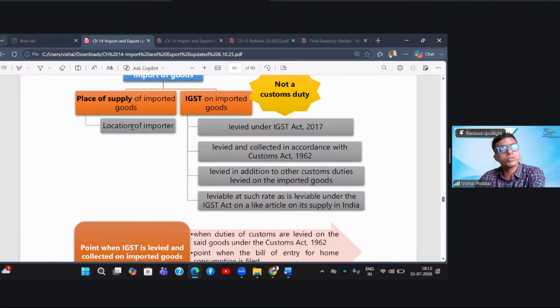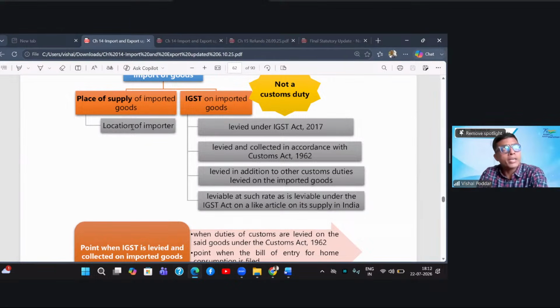The reason for this, students, is that if we had treated the location of import, that is the landing of goods, as the place of supply, in my example it would have become Bombay, that is Maharashtra, and then the importer sitting in MP would not have got the ITC of this particular import.